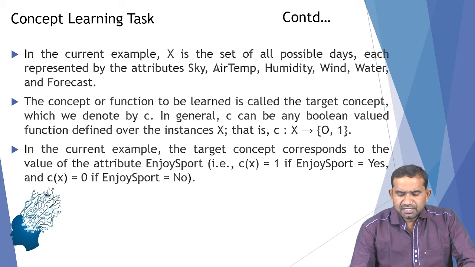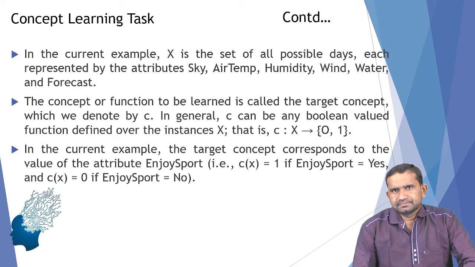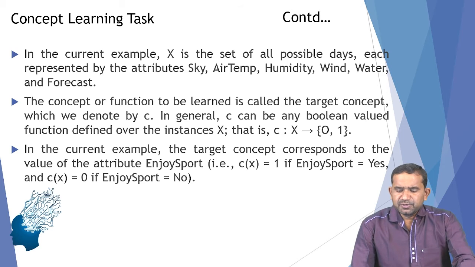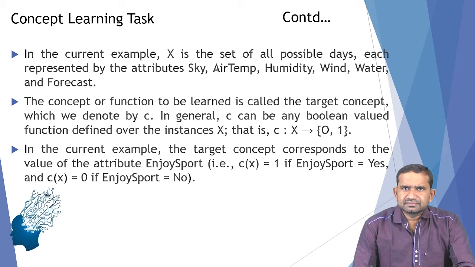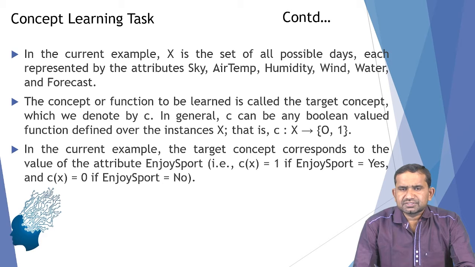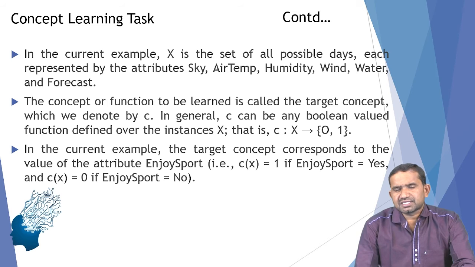Our main aim is the target concept, and how it is defined. It is defined based on its Boolean valued function, C: X implies 0, 1. What is the meaning of C, of x, and of 0 or 1?